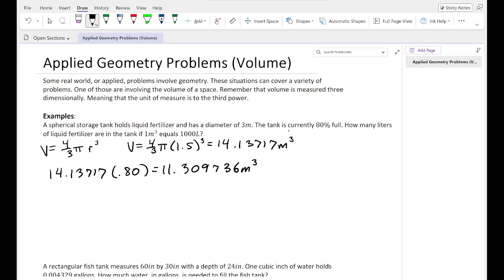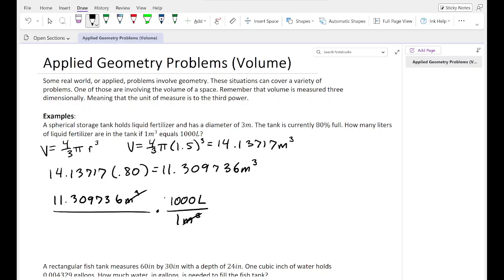So that is 80% of the tank when it's full. And now I'm going to find out how many liters there are. So I'm going to take my 11.309736 cubic meters, and I am going to multiply it by 1 cubic meter is equal to 1,000 liters, so 1,000 liters over 1 cubic meter.